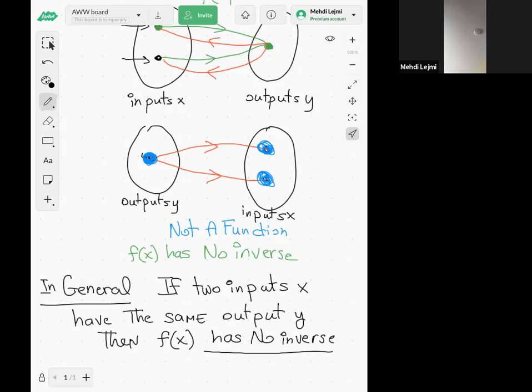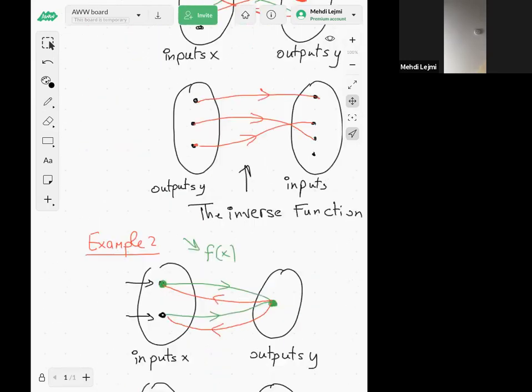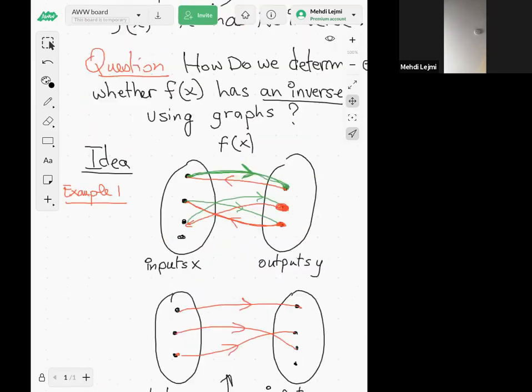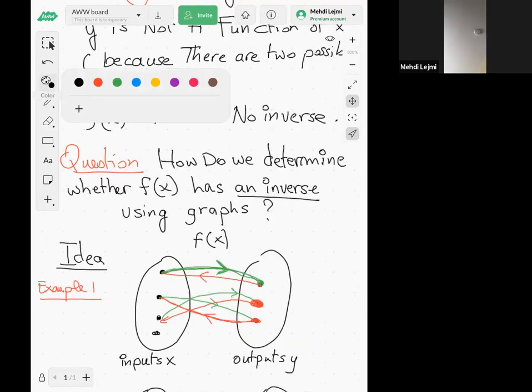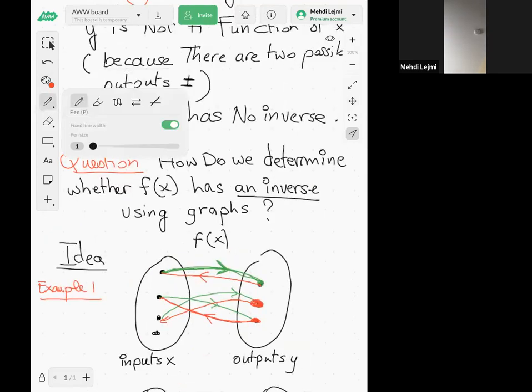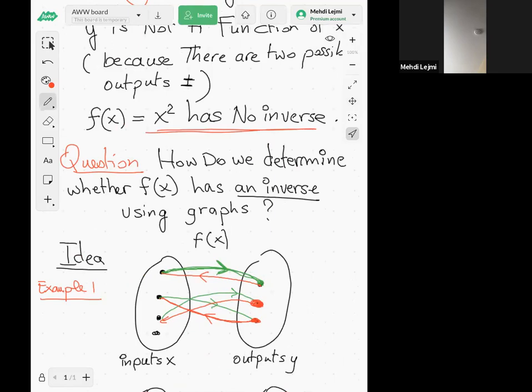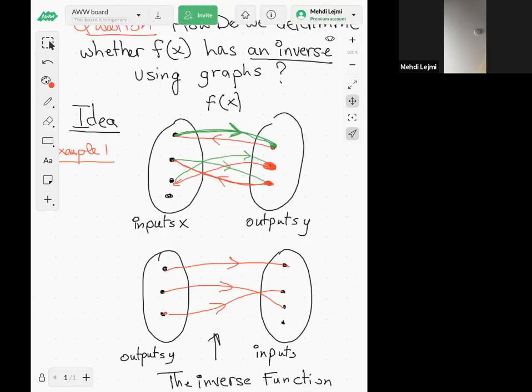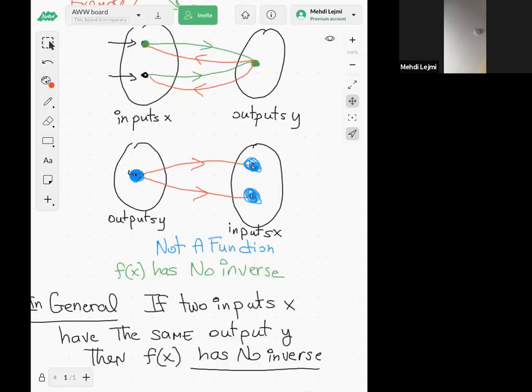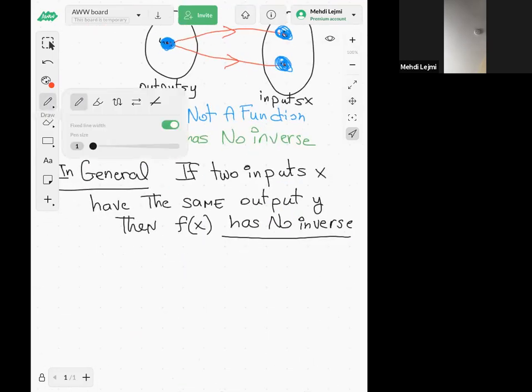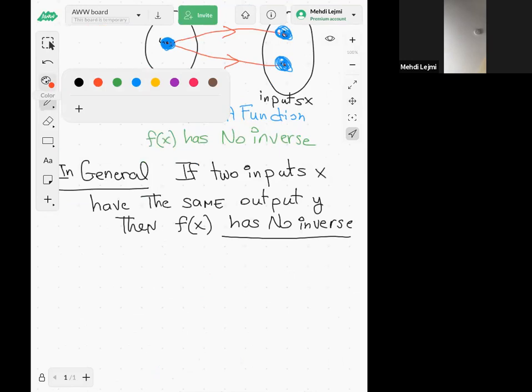And you can check it, for example, we had this example with x squared. Remember, guys, we said the function x squared has no inverse. So let's graph x squared.